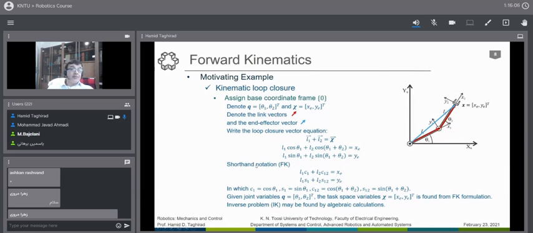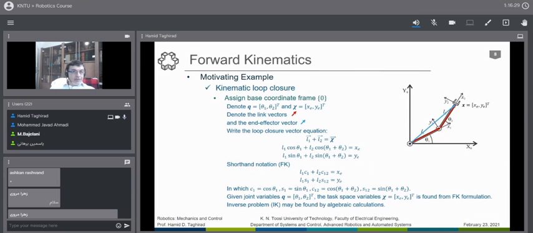But the inverse is not that simple. The inverse, if these are given, is some complex nonlinear algebraic equation, and we need some more mathematics to find the inverse problem. But we know that this inverse problem is also very valid and we can work on this.